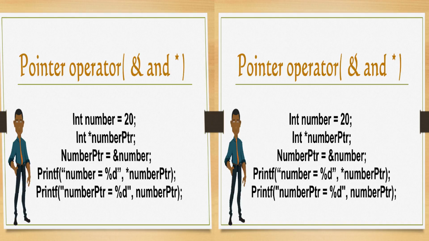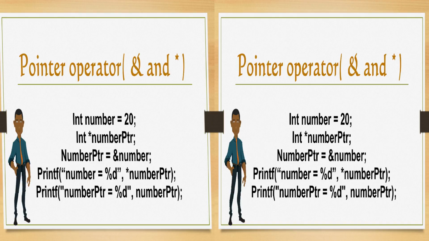If we want to print the output, in the fourth line we write printf number equal to %d and we use *number_ptr.